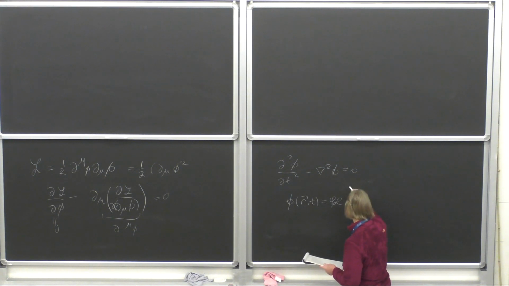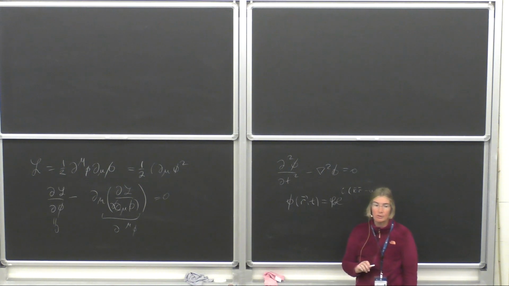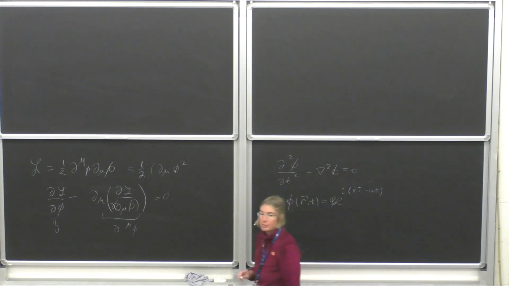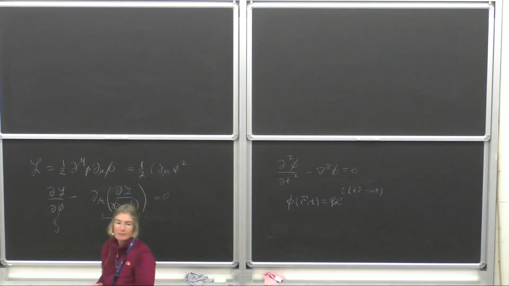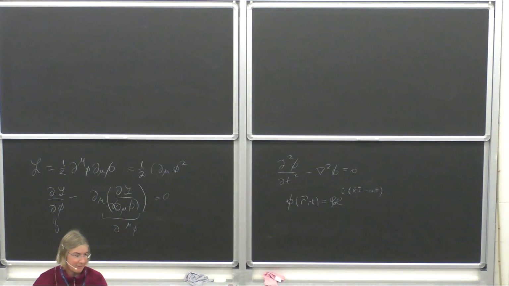Let me write it better. So i(k·r minus ωt). Okay, bless you. Is that a good dark matter? It doesn't have mass, correctly. So let's add the mass term to the Lagrangian. And that's kind of the simplest procedure you have.